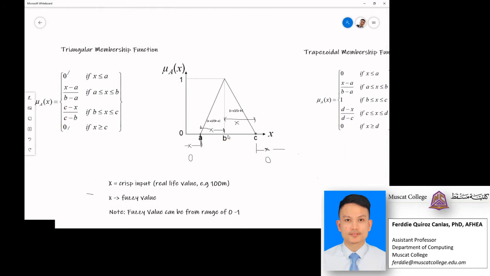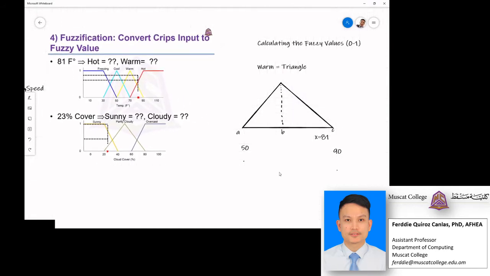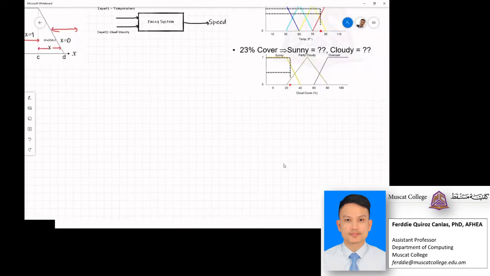We're going to use this because X is between B and C. So we use C minus X over C minus B. For warm, it will be C minus X over C minus B.